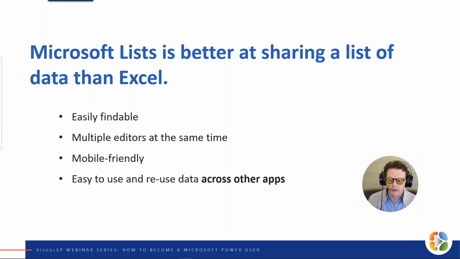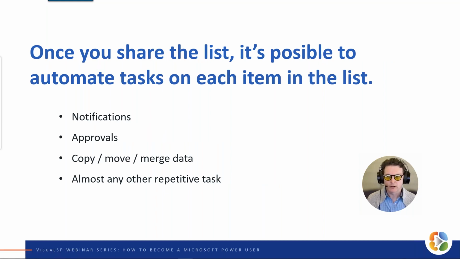It makes things more easily findable. It's more capable for multiple editors at the same time. It's more mobile friendly. It's also easy for you to take that data and reuse it across other applications in Microsoft 365. So this is a good example of that, because once you have that list of data out of Excel and into a Microsoft list, it's now possible for you to automate tasks on each and every item in that list.